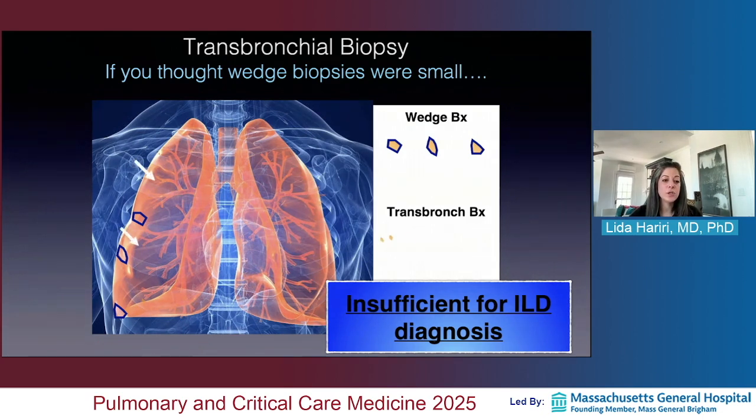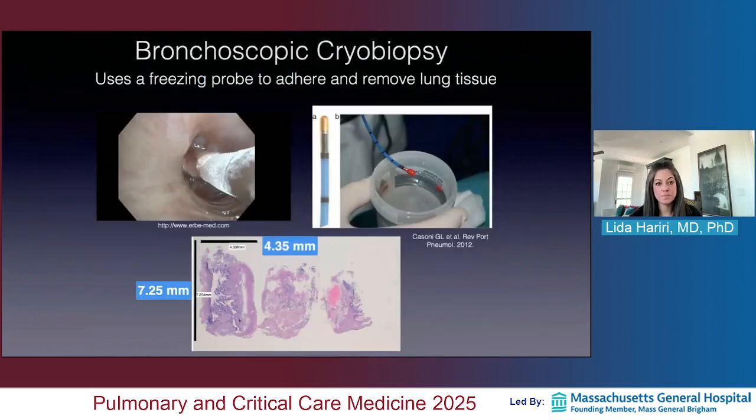When you look at not only the size of the tissue but the location you're sampling with a transbronchial biopsy, it becomes obvious why it's difficult to use these to make a diagnosis of ILD, because you're not sampling the peripheral lung deep enough to evaluate the pattern of the fibrosis, nor are you getting a sufficiently sized sample to interpret that pattern and make sure you don't suffer from sampling error that may have missed important diagnostic information.